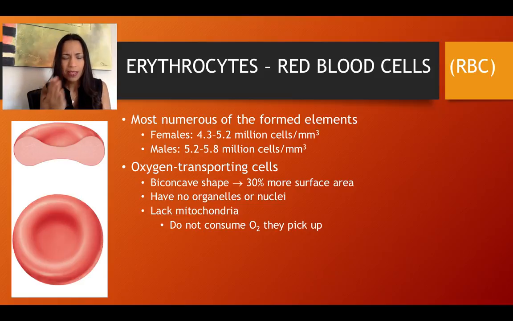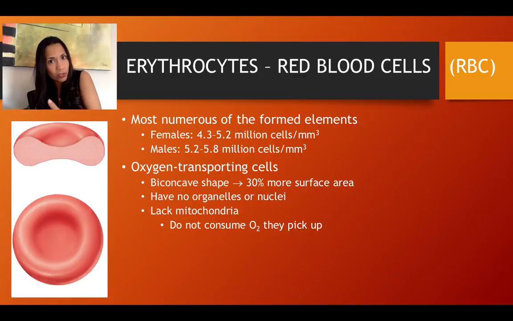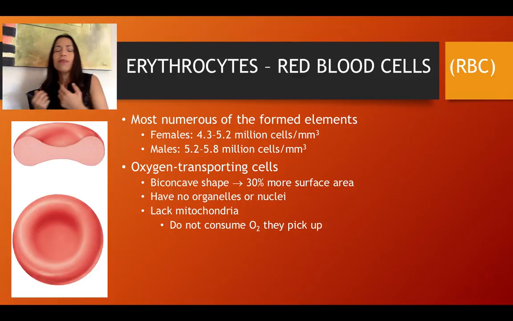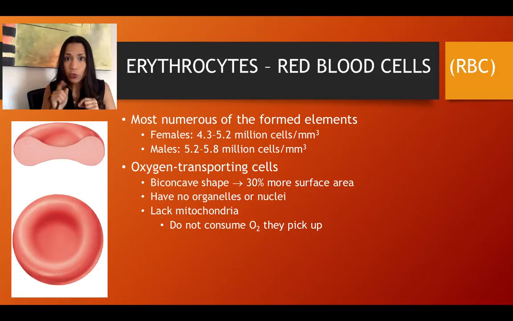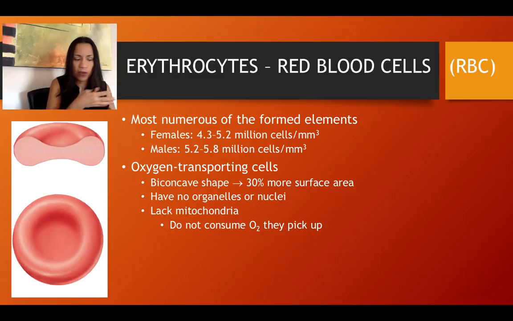Think about it. The function of these erythrocytes is to give up oxygen to the tissues, right? What if these cells had mitochondria? Mitochondria use oxygen as well to produce ATP, energy, to power the cell functions.